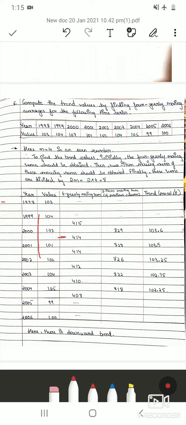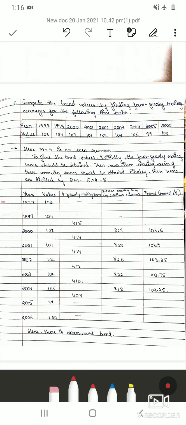So you have to write it in the middle of these 4 terms, or leave a line and write it in the next cell. So the next value will be to add 107 plus 101 plus 102 plus 104, which, when you add these 4 values, we will get 414. Write it in the middle.